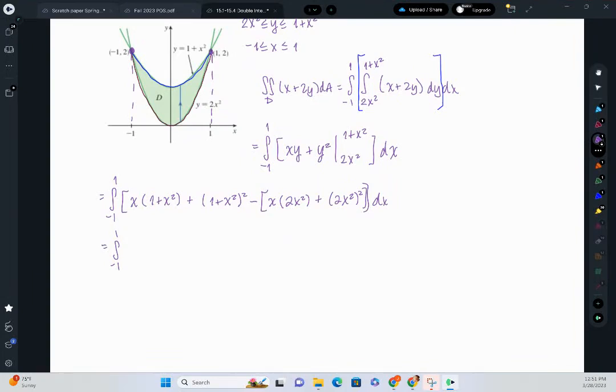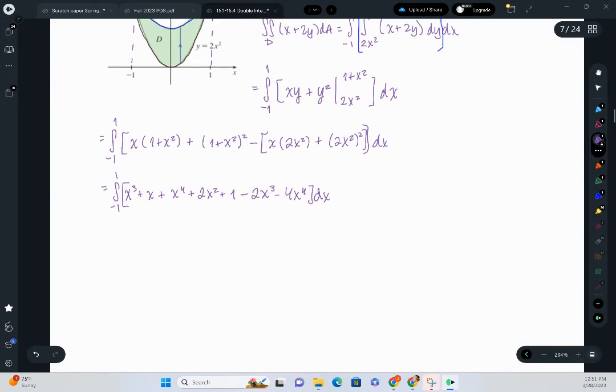So if I distribute this first one, I get x cubed plus x. When I square the binomial, I get x to the 4th plus 2x squared plus 1. I'm going to distribute the negative sign at the same time that I do the multiplication in the next set of parentheses. I get minus 2x cubed minus 4x to the 4th. All of this dx.